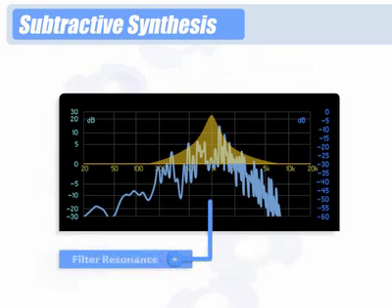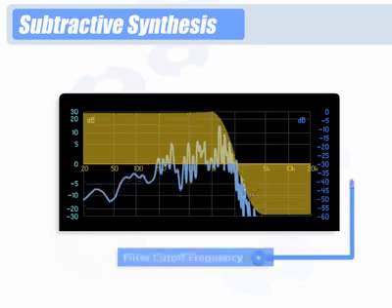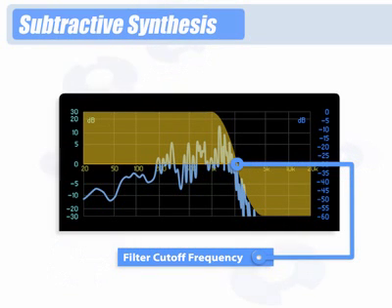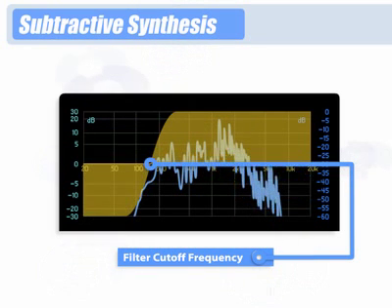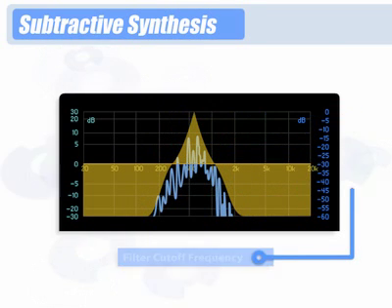Another element of filters is the resonance control. This is simply an increase in volume of frequencies near the filter cutoff frequency. Filters can cut the part of the signal above, below, or simultaneously above and below the momentary cutoff frequency.